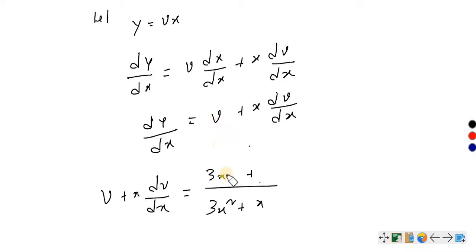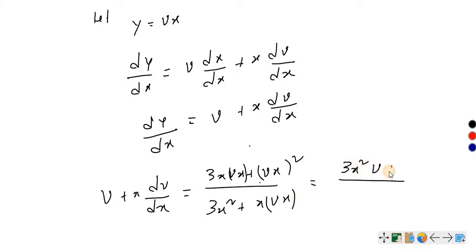So let me write here Vx. Here it will be Vx whole thing square, and here it will be Vx, right? So this can be further written as, so if you see, I have what? 3x square v plus v square x square, over 3x square plus x square v.